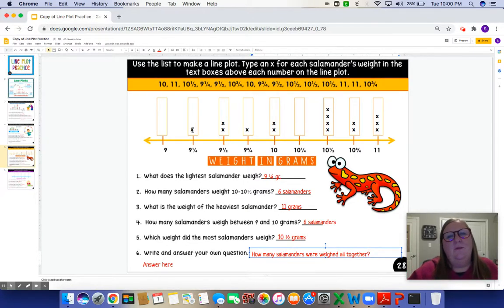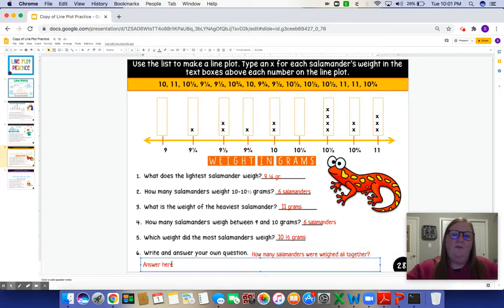So I'm going to count 1, 2, 3, 4, 5, 6, 7, 8, 9, 10, 11, 12, 13, 14, 15. So altogether there were 15 salamanders that were weighed. 15 salamanders were weighed in all.